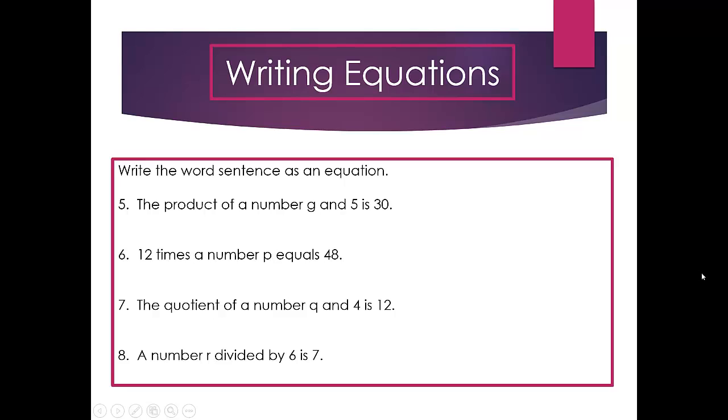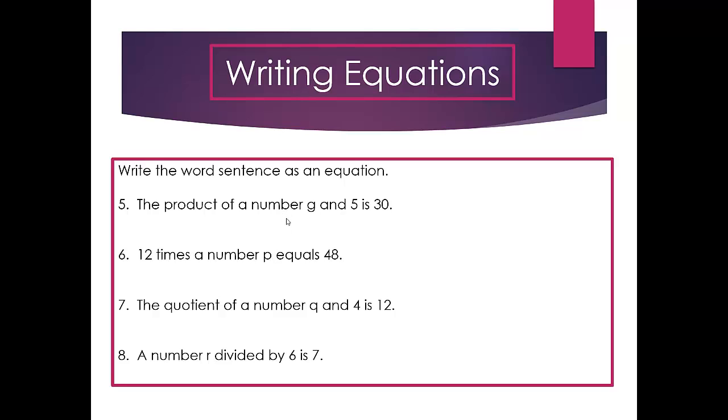Now we're going to continue writing equations. We're going to write the word sentence as an equation. So number 5, we have the product of a number g and 5 is 30. Product represents multiplication. When we have multiplication, we are not going to use an x to represent multiplication in our equation.